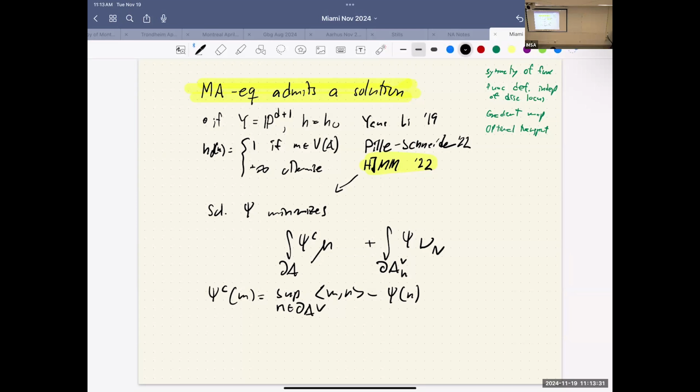So we have this symmetry where you can sort of switch these, and it's really the same functional. Another nice feature of this is that the functional is independent of the location of the discriminant locus, which we specify.